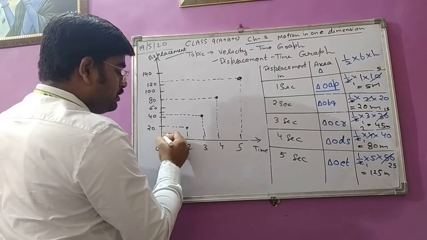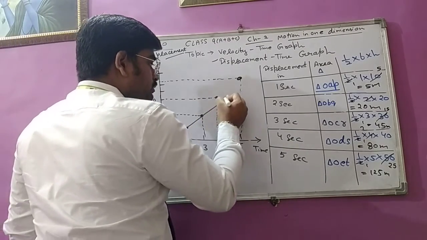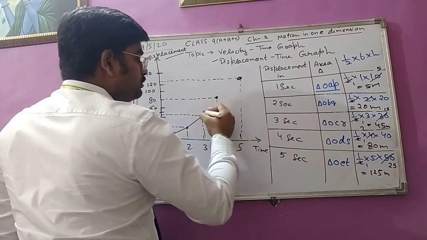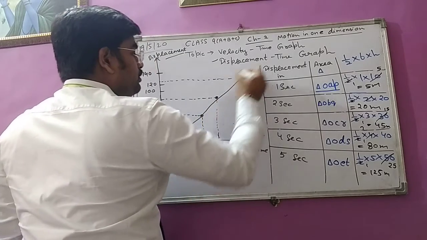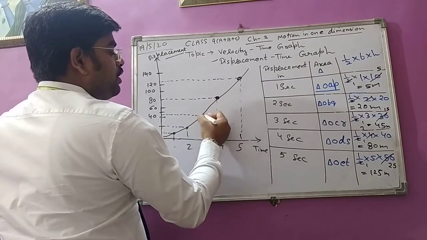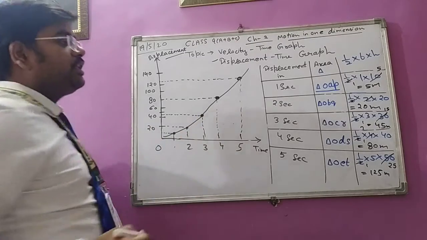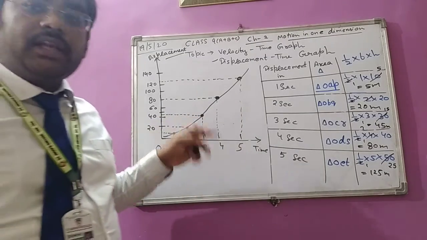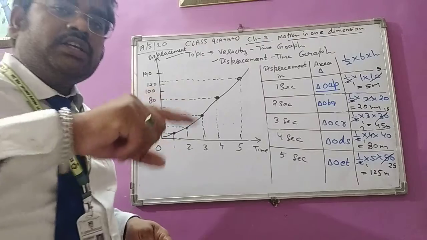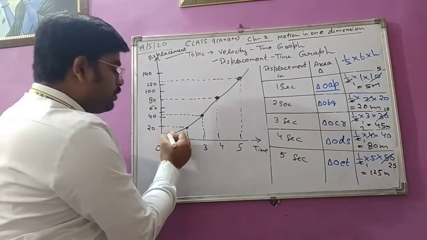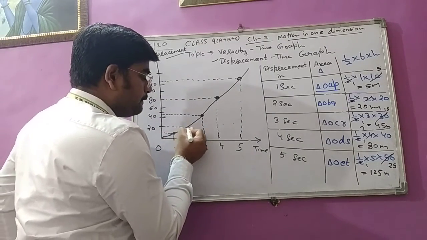Got it or not? In this way, that means not a straight line, that will give you some curve line. See, this is some curve line here.